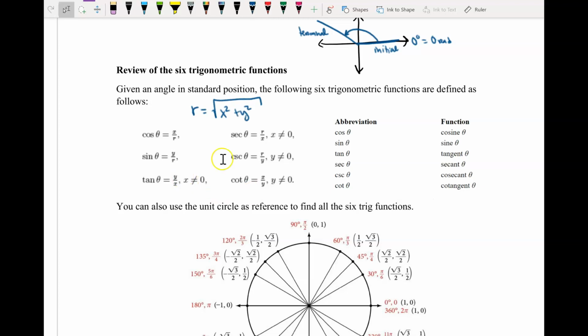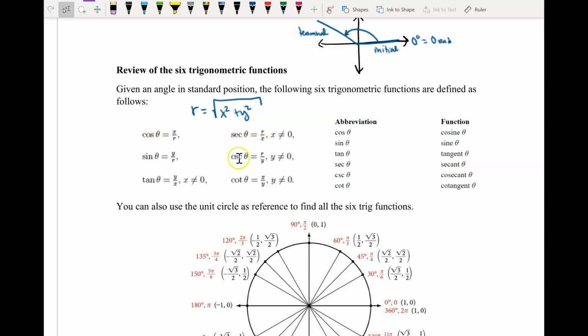Okay. So if you're given an x value and a y value, you can figure out the r value very easily by doing the sum of squares. So cosine of theta equals x over r. Sine of theta equals y over r. Tangent of theta is y over x. And then you've got the secant, which is the reciprocal of cosine. So you can see that these are flipped.